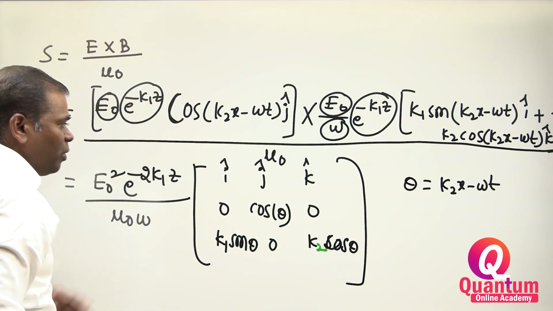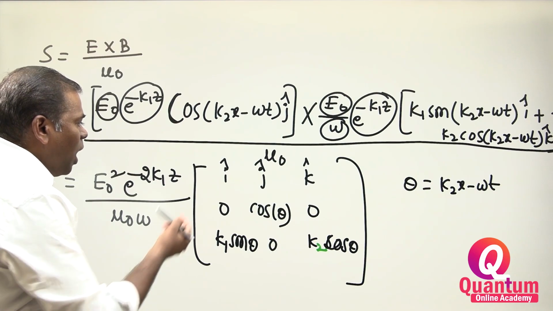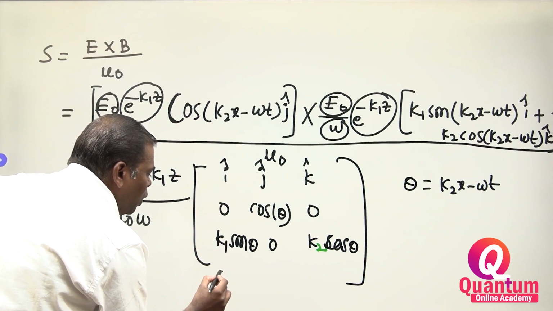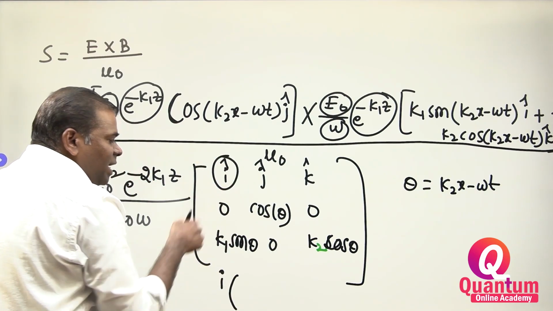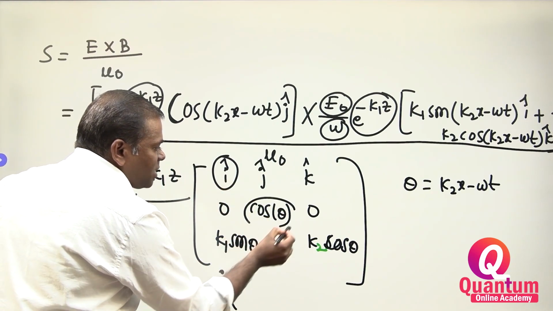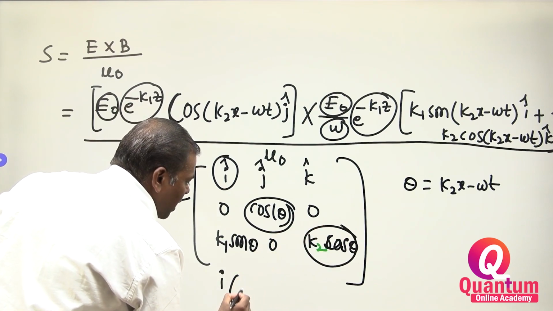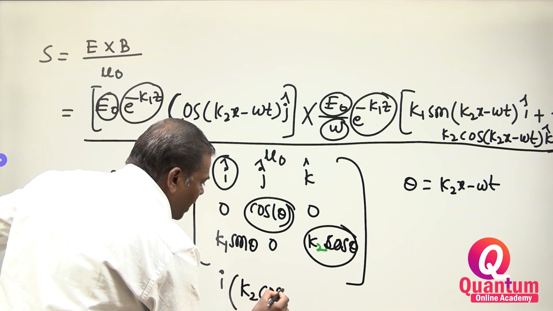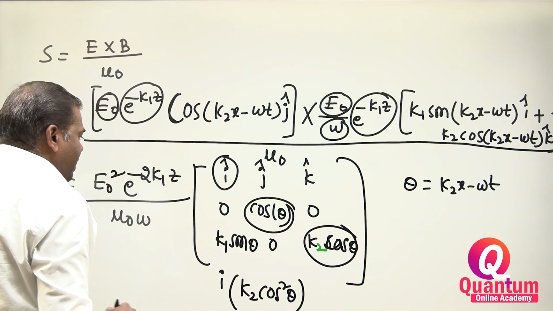Now you have to multiply the determinant. How do we multiply it? Only i cap we need, because they are asking only along the x direction. Cos theta into cos theta, k2 cos square theta, we are getting into i cap.